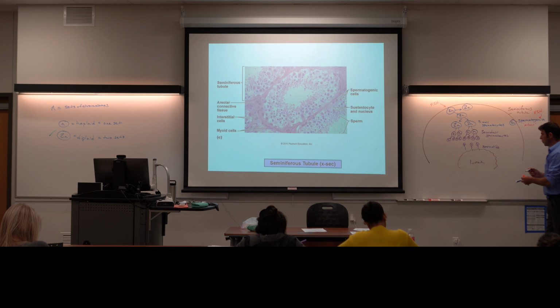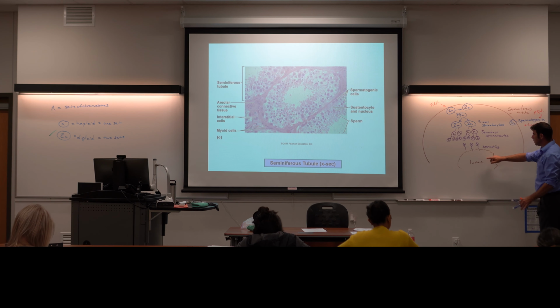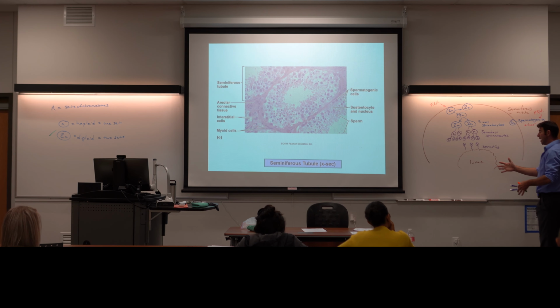So they drop into the lumen, and they make their way through the seminiferous tubules, to the straight tubule, to the rete testes, to the efferent ductule, and then through the epididymis, and that whole journey they're maturing. We'll see what happens as they mature and organize into their final structure.